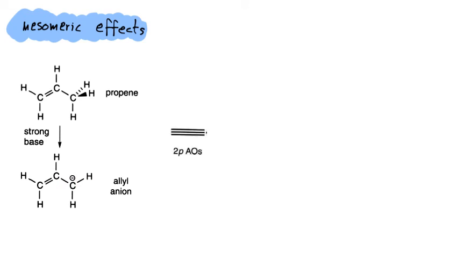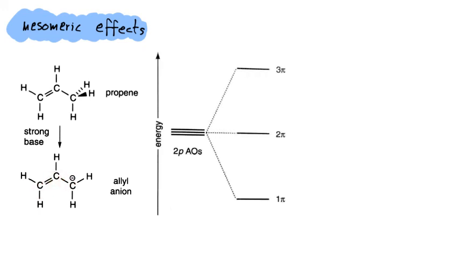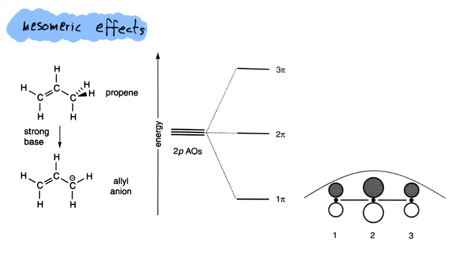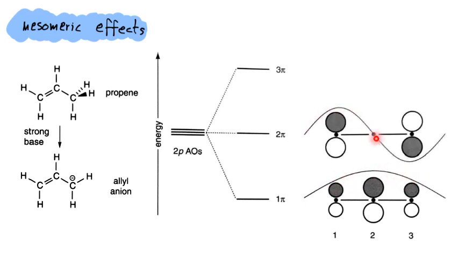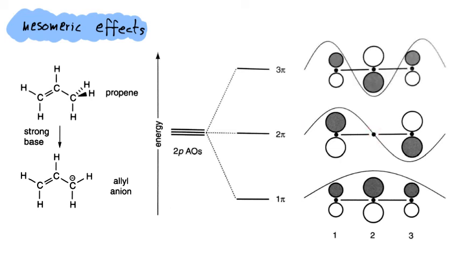So the system here, the Allyl Anion, has 3 p orbitals, and they again split into a pi network by forming these molecular orbitals: 1 pi, 2 pi, and 3 pi molecular orbital. And again, for the 1 pi, the wave function has only constructive interference, but for the 2 pi, you have a nodal plane with destructive interference, and for the 3 pi, even more destructive interference.